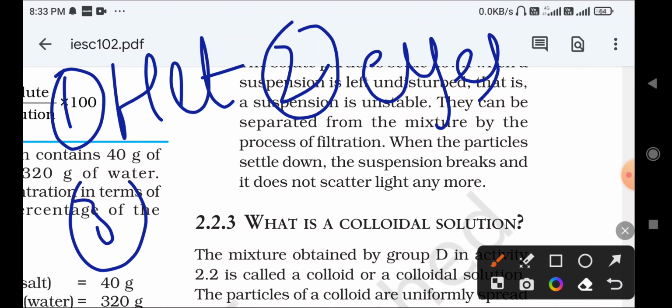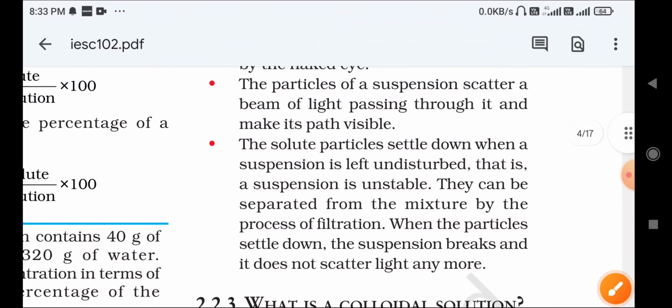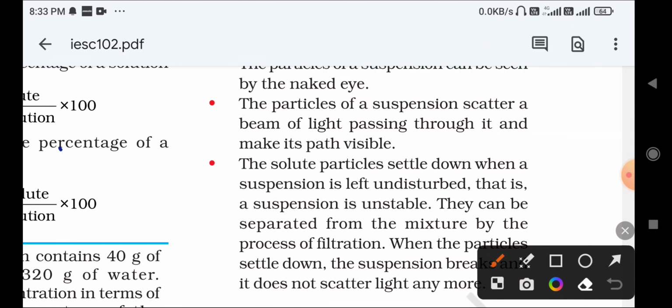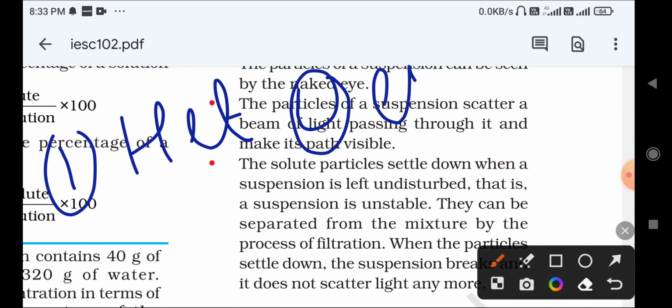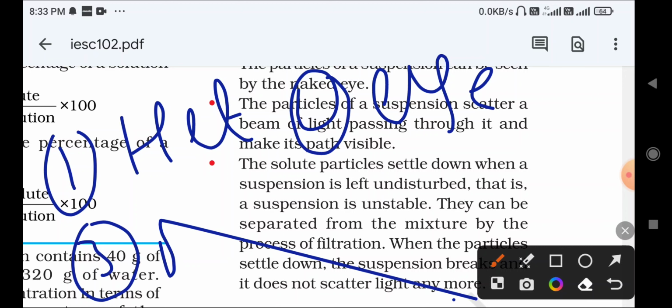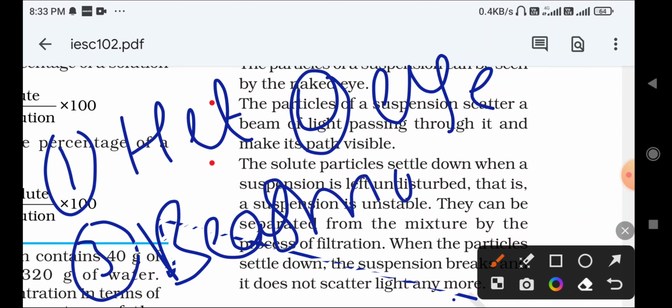And the third point is that the particles of a suspension scatter the beam of light.